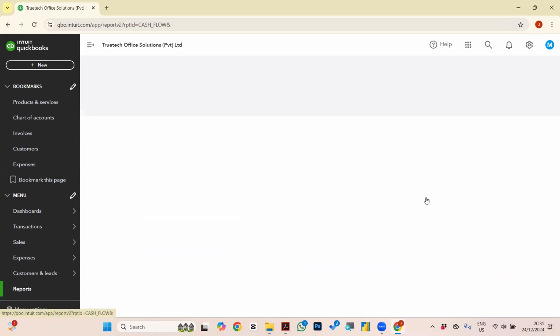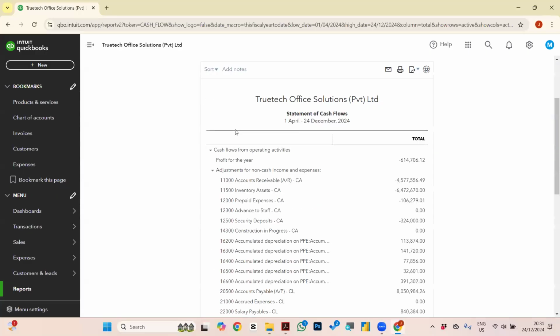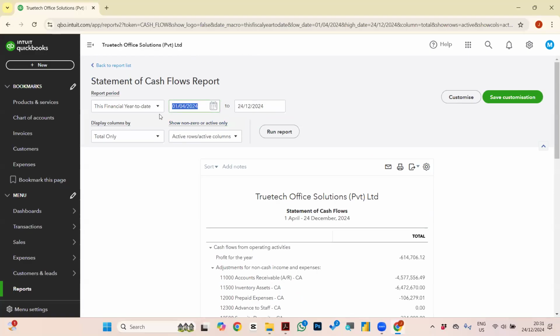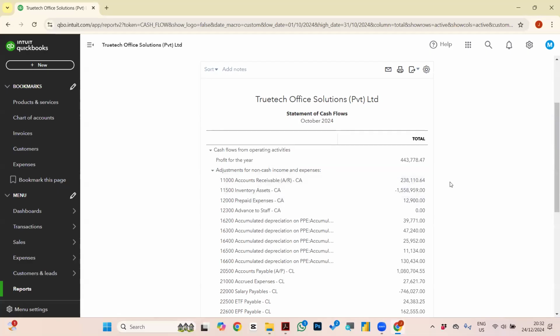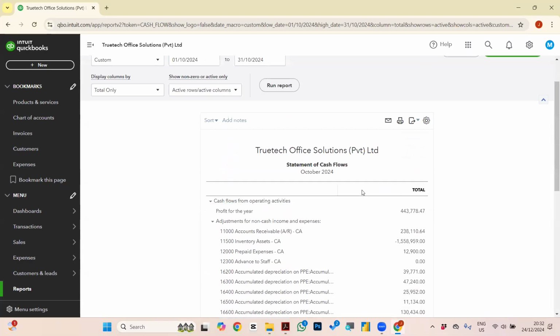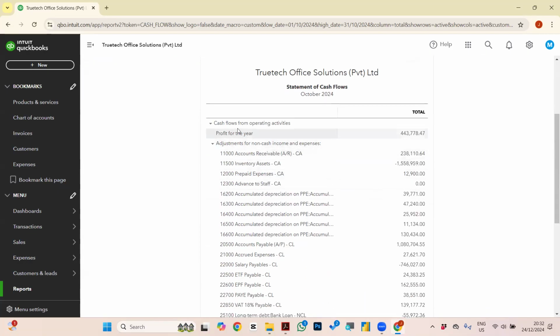I'll show you the statement of cash flow. All right, statement of cash flow, 1st October to 31st October. I'm going to run the report. You see here, these are the cash flows now. Unlike before, you see the proper cash flow of operating activities and also the adjustments.